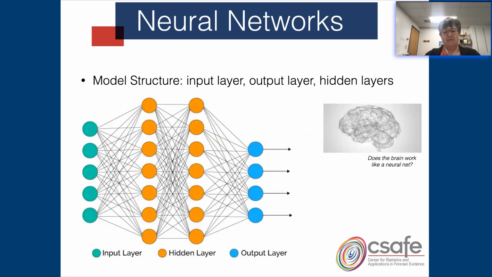So what is a neural network? You can think of a neural network as a structure that has an input layer. On the left-hand side, the greenish dots, that's the input layer. That's where our training data comes in. On the right-hand side, the blue dots, that's our output layer. That's where the answers come out.